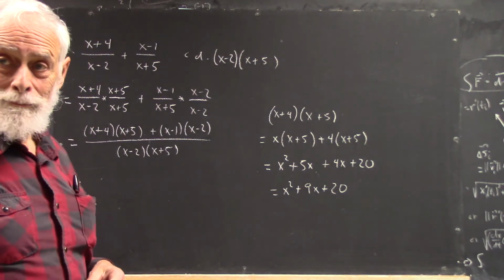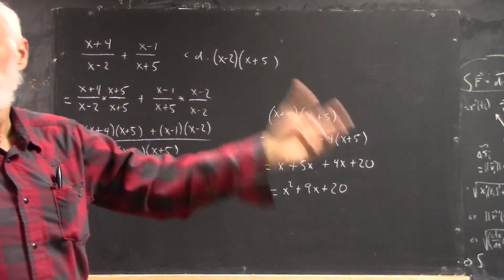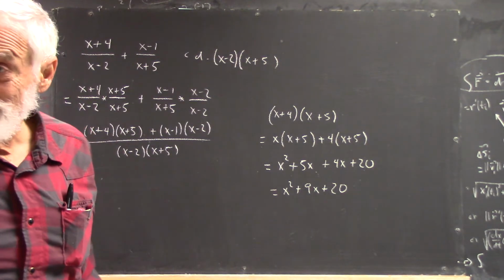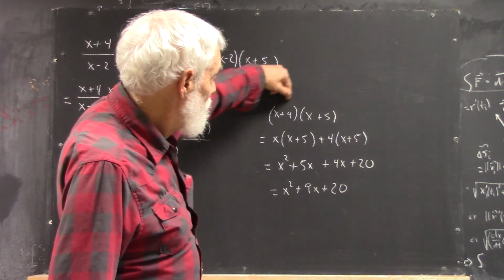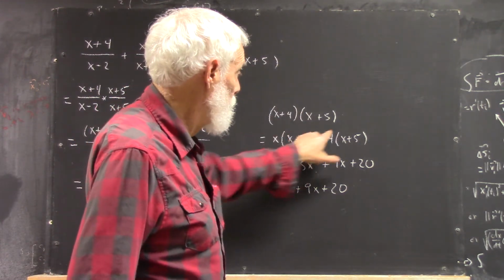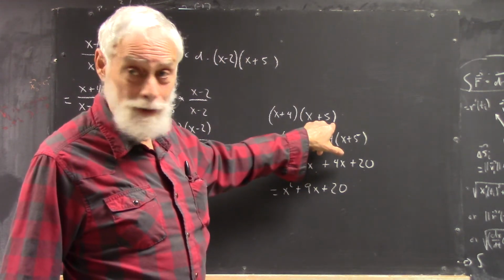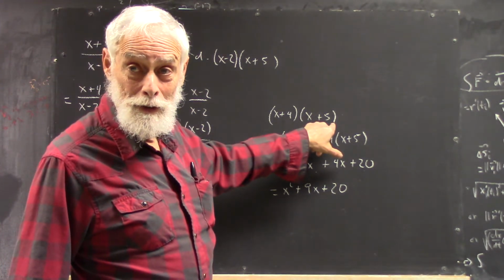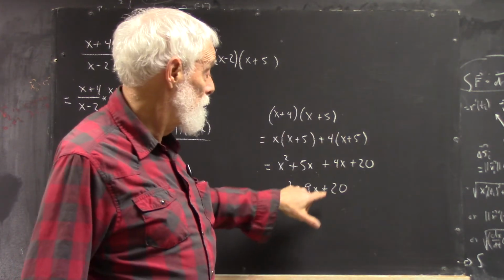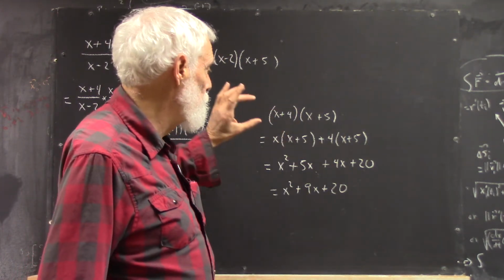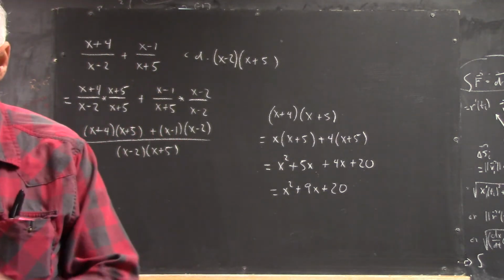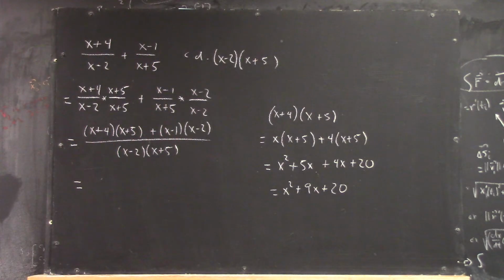Now, I see people do what I did, but I understood why I was doing it. I just draw a little arc from here to here, and a little arc from here to here, and one from here to here. I see that a lot. That's okay if you're able to, when I ask you, use the distributive law one step at a time.